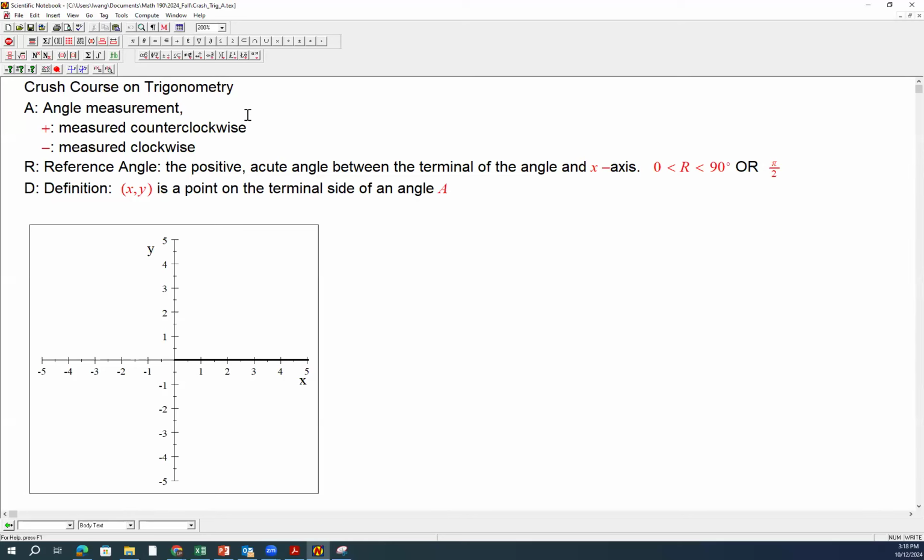And tangent of A equals y over x. We have 3 numbers, and we arrange them in different orders. We come up with 6 different ways of using these 3 numbers.